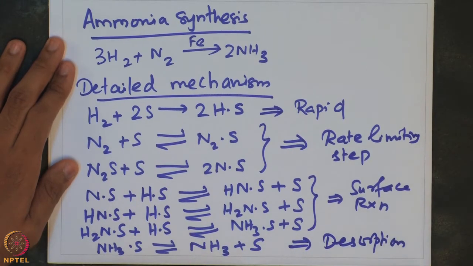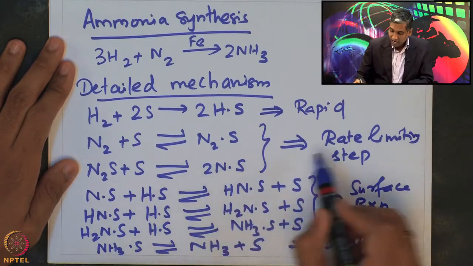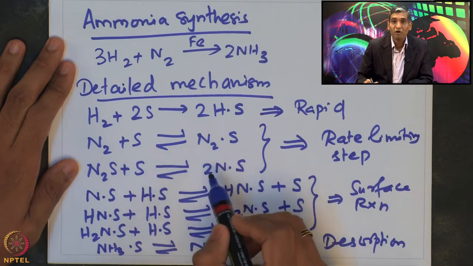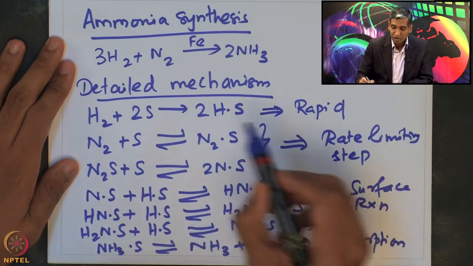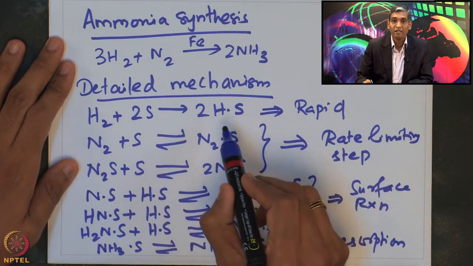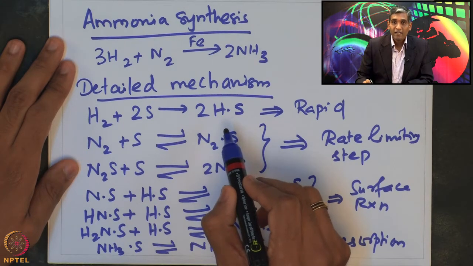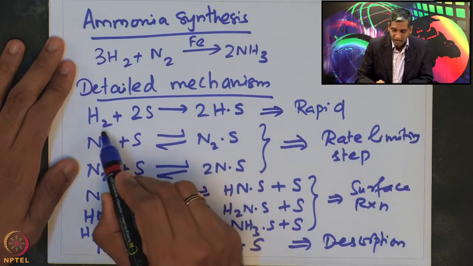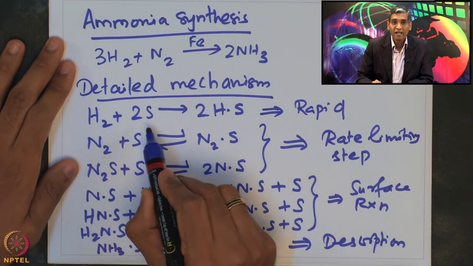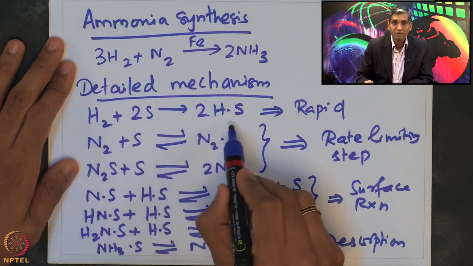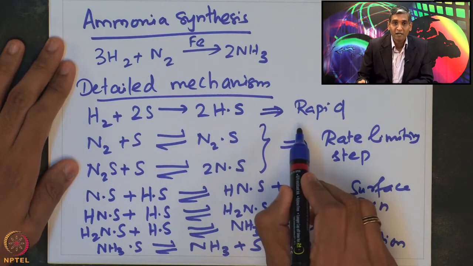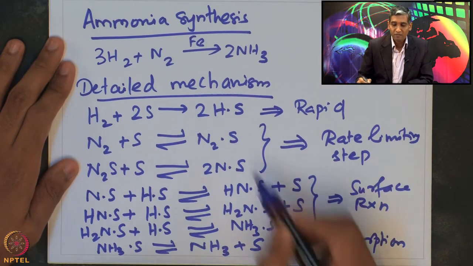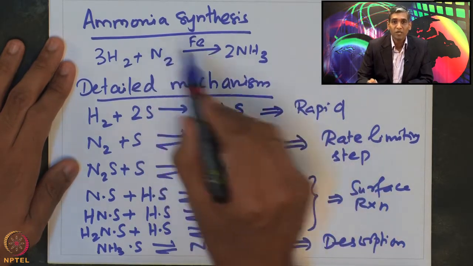Note that in this example I have said that the rate limiting step is the adsorption of nitrogen onto the catalyst sites and not necessarily the adsorption of hydrogen onto the catalyst site. You should also observe that I have put a single side arrow. The hydrogen adsorption onto the catalyst site turns out to be an irreversible step in this particular detailed mechanism, and this mechanism is known to support the ammonia synthesis process.